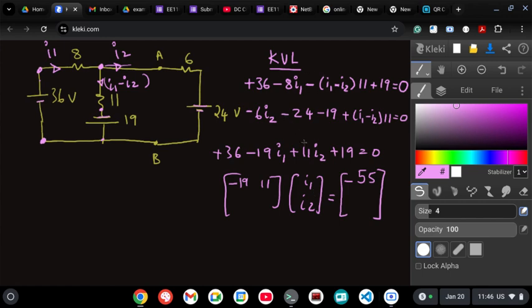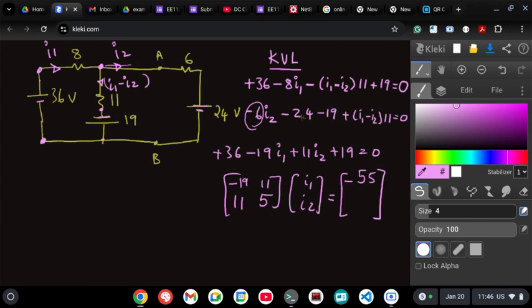Now let's look at the second one. Coefficients of I2 is minus 6, and plus 11 is there, right? Minus 6 plus 11. And coefficients of I1 is plus 11, right? And then what are the constants?